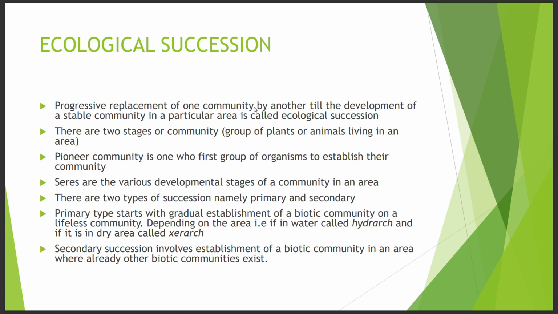Next, we have secondary succession. It occurs in habitats that have been disturbed or destroyed, like abandoned farmland, burnt forest, or areas that have been cleared for mining or logging. That is, a biotic community in an area where another biotic community already existed.